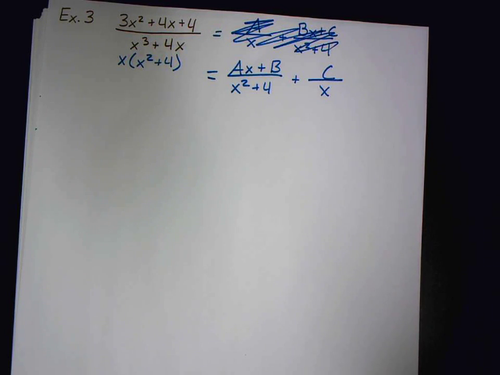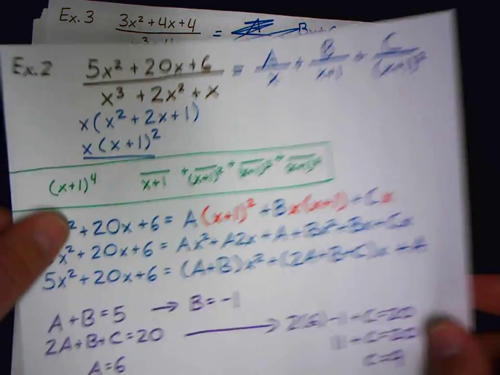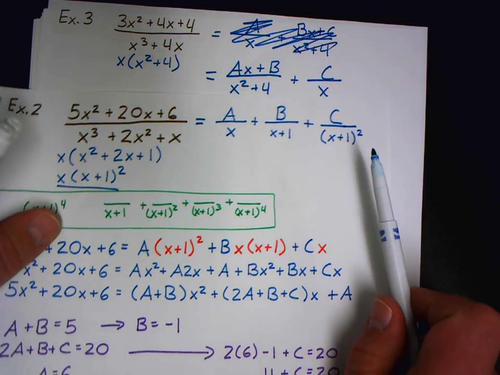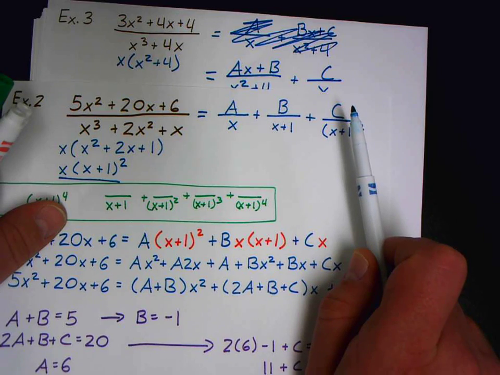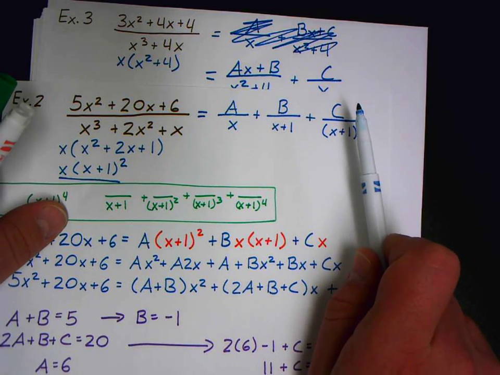Wait, so I could do this just A, B, and C? On this one, no. Here, Josh, look. This one, right here, it's on X. What I'm saying is, on this last one, with this squared, you could put an X up here as well. It would be a waste of your time. There are proofs showing that it would be a waste of your time.